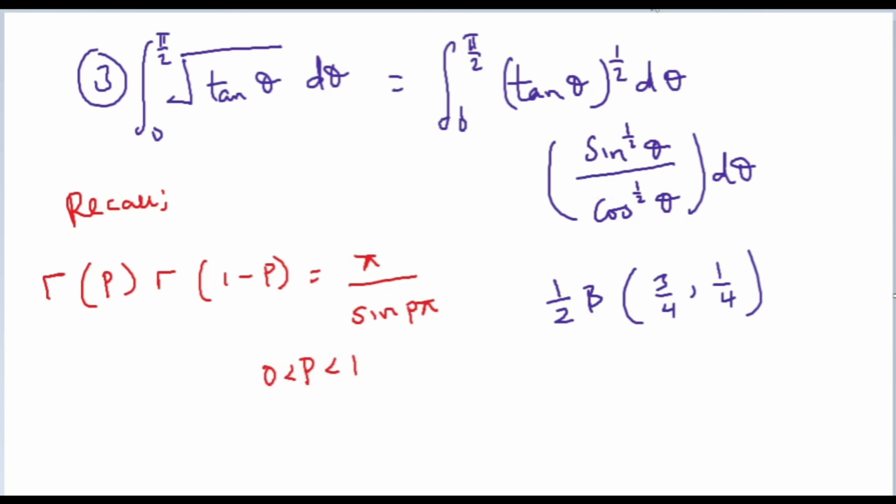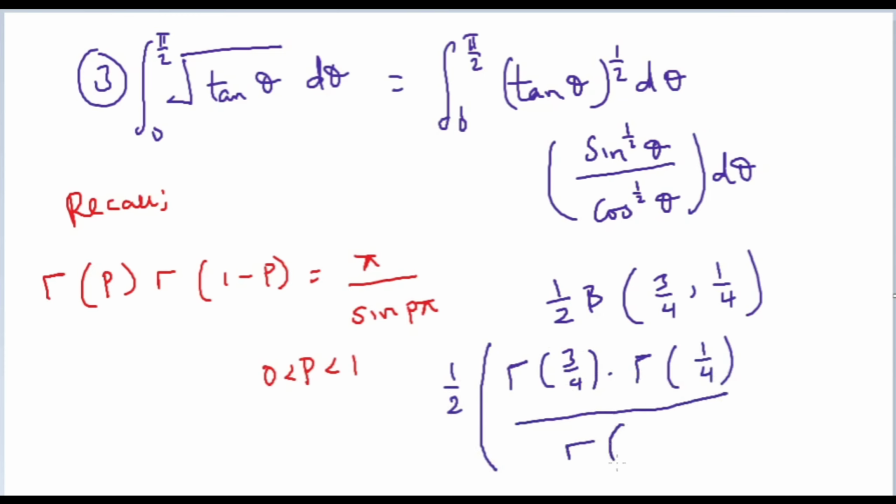So now that p is less than 1, what do you see here? You can see that this can be expressed exactly like that. Look at what I'm saying. If I have 1 over 2, the beta of 3 over 4, comma 1 over 4, is actually the gamma of 3 over 4 times the gamma of 1 over 4, over the gamma of 3 over 4 plus 1 over 4.